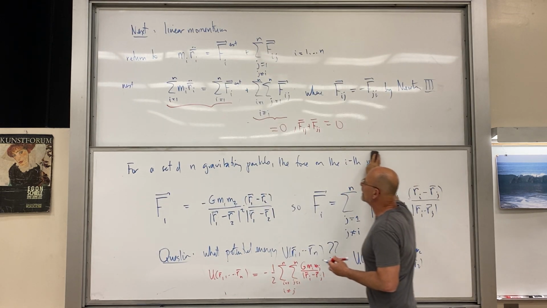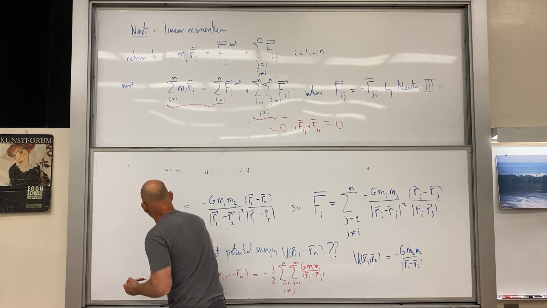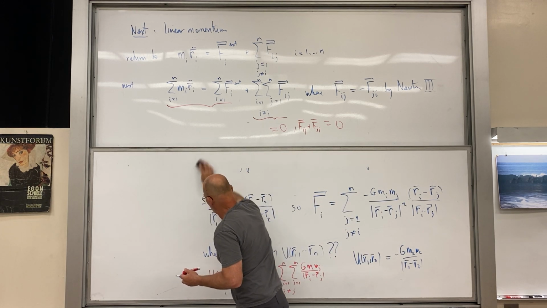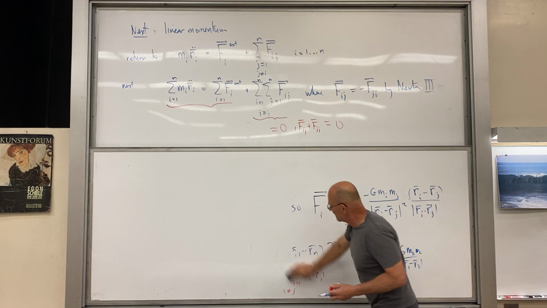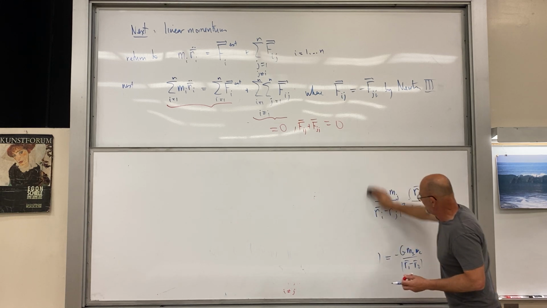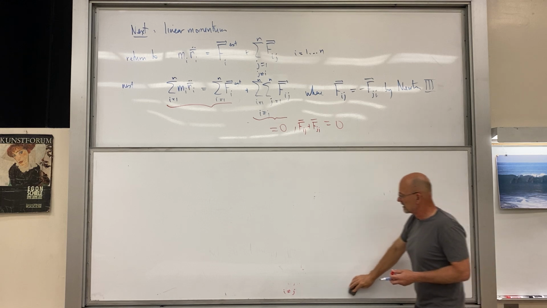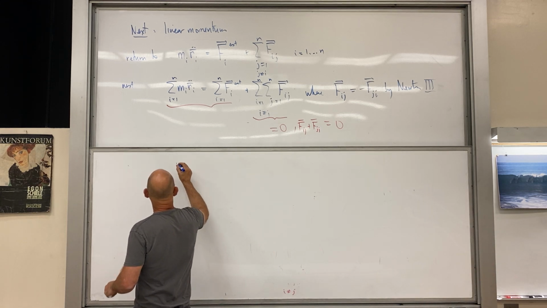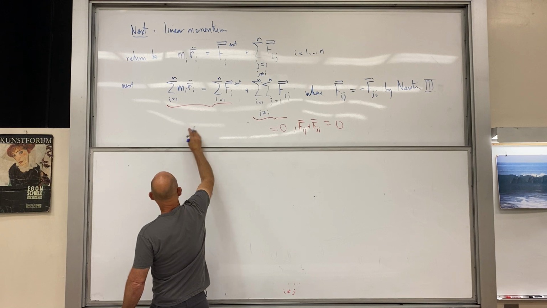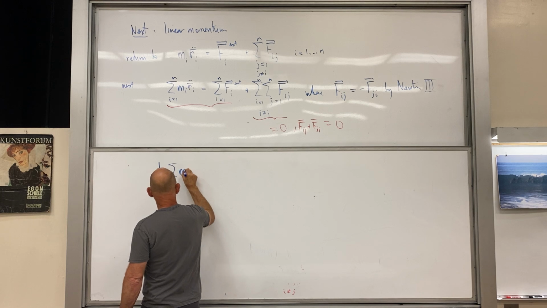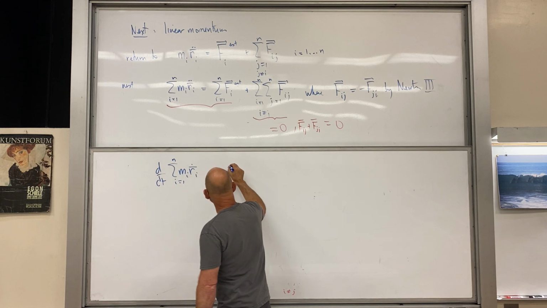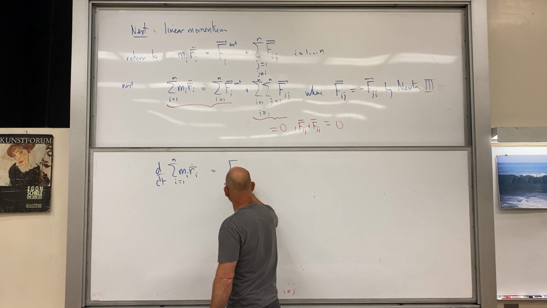So what we can do is just write, regarding what's under here, we can pull one time derivative out, sum of m sub i, r sub i dot, is equal to what we're going to call the net external force.